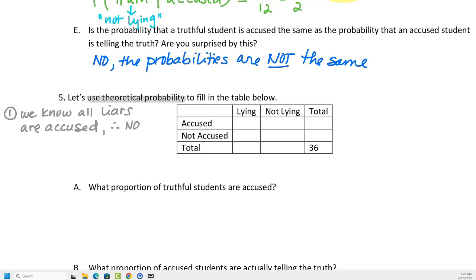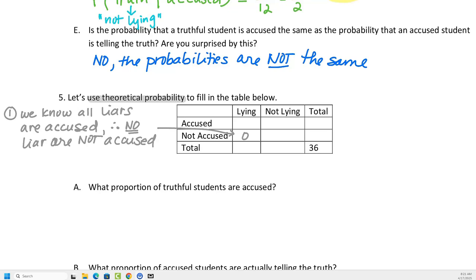We know no liars are not accused. So that means that this has to be a 0 right here. Are you guys okay with that?